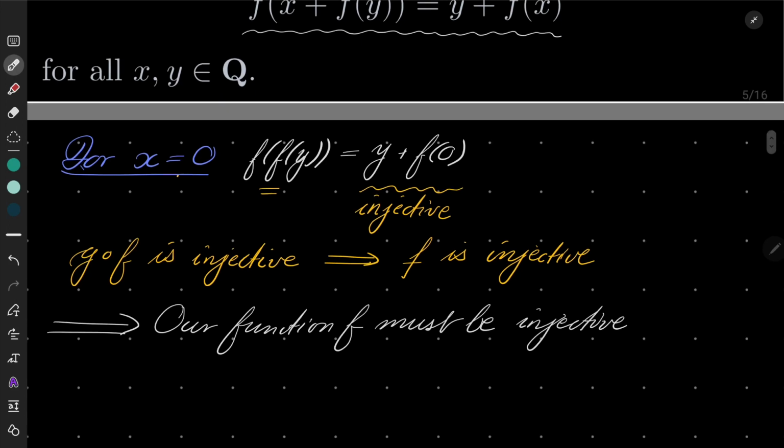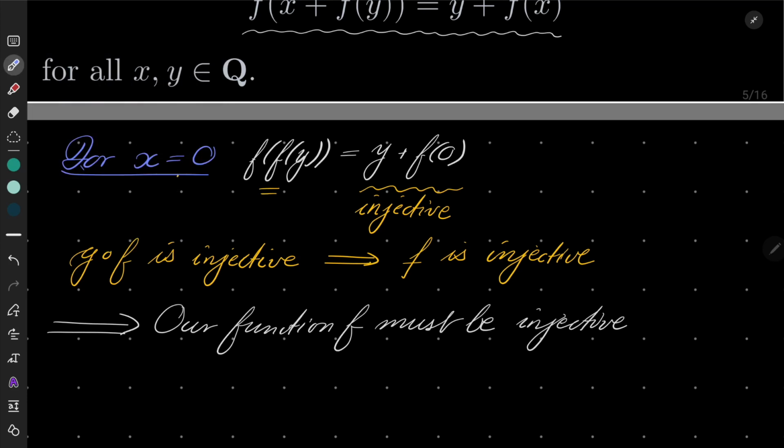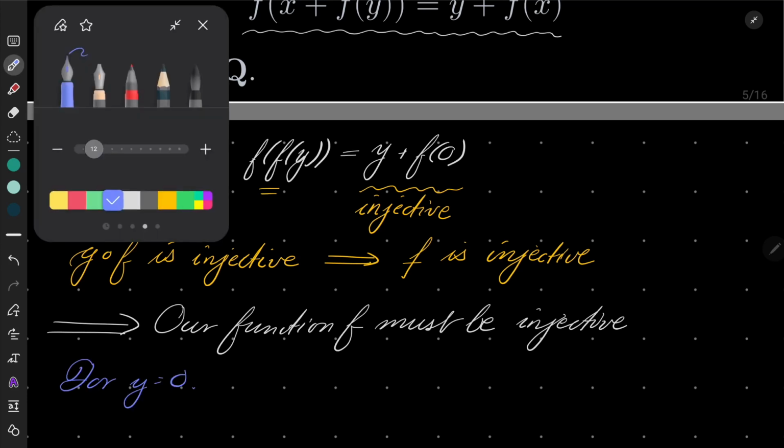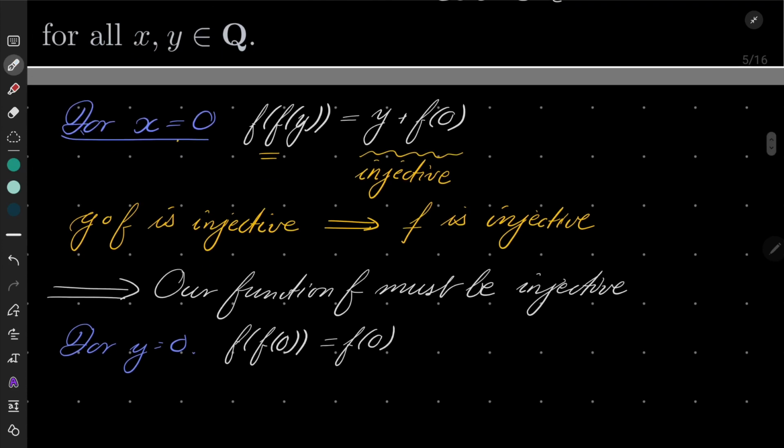Okay, very nice. And now let's furthermore plug in y equals 0. What happens then? Well, if y equals 0, we have f of f of 0 equals f of 0. And because our function is injective, we can get rid of the outer occurrences of function f, and we know by injectivity that f of 0 must be equal to 0.